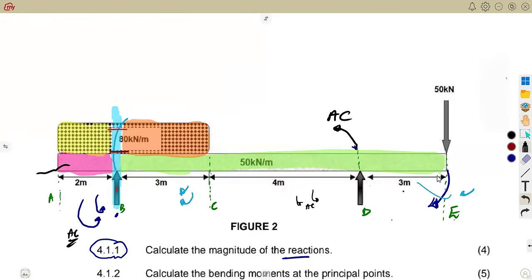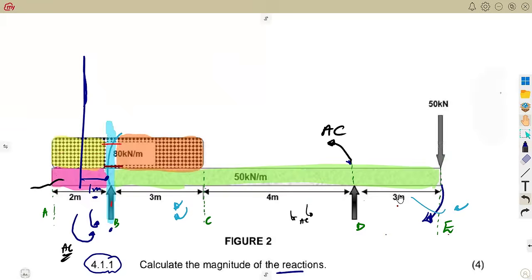But if you were to separate it and have it as a point load, how are you going to have it? It was going to remain with 1 meter here, 2 divided by 2. So you multiply by the distance, 1 meter.